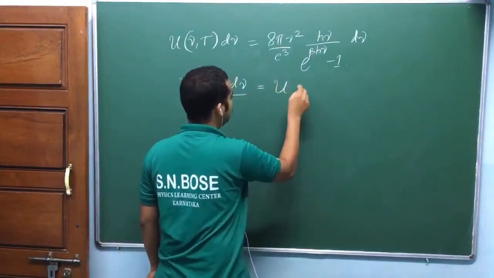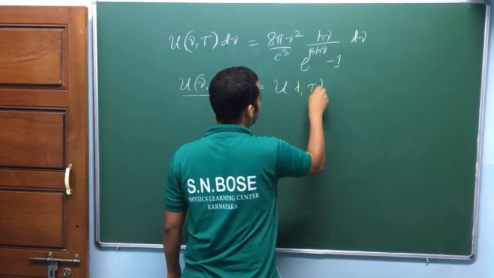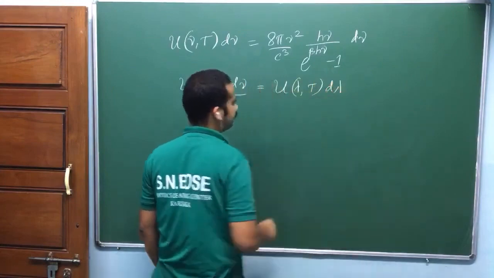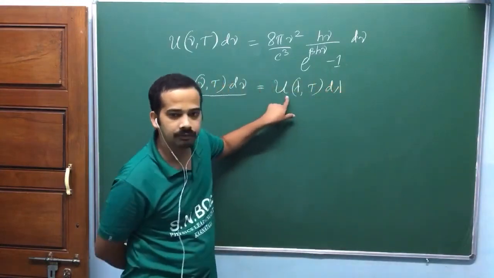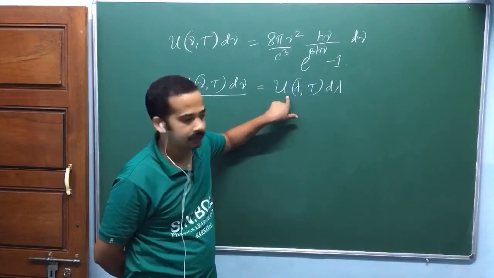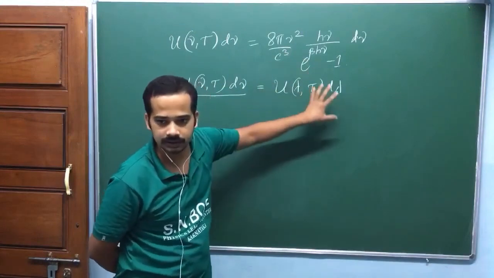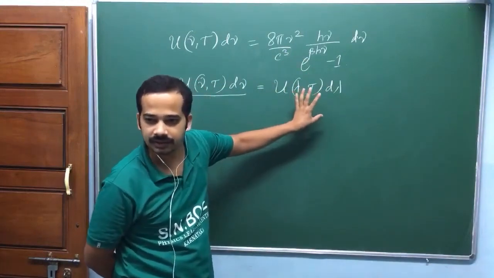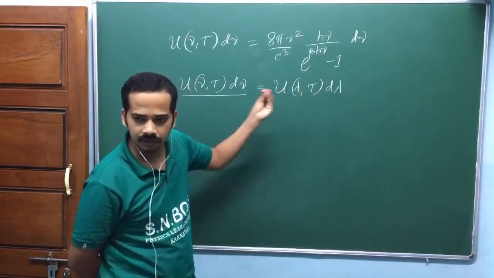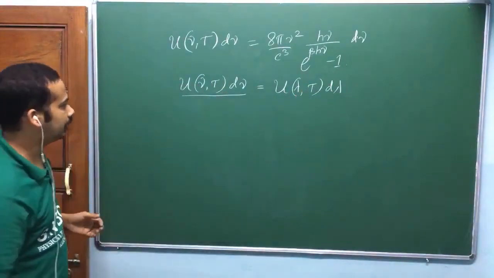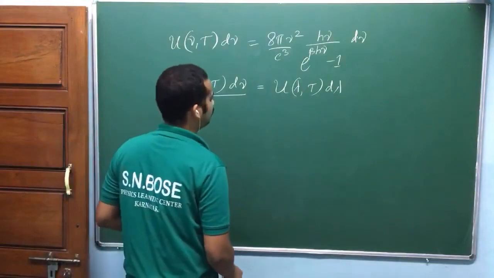The same thing is equal to u of lambda comma t d lambda. This is energy density per wavelength into wavelength. Total is energy density. You will understand this in statistical physics. I do this kind of stuff in many cases. Now look here.